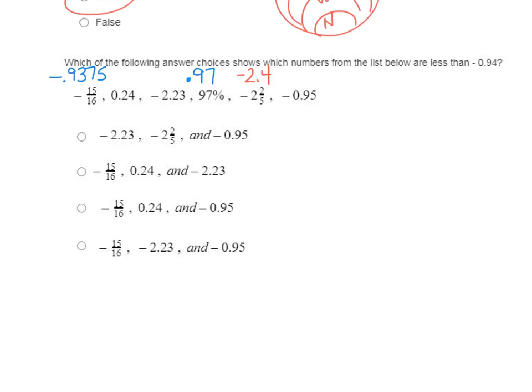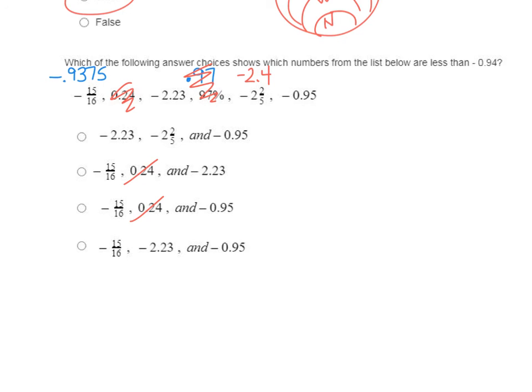Now looking at my answer choices, less than -0.94 means my answer's got to be negative. So I should not pick the answer choices that have those positives, and I'm just down to 2 options. I'm going to get rid of those positive numbers. Those are no good.